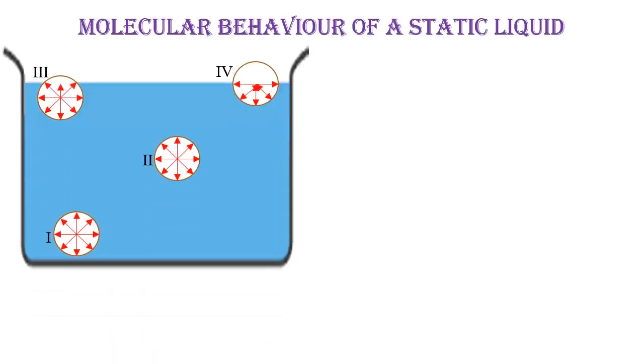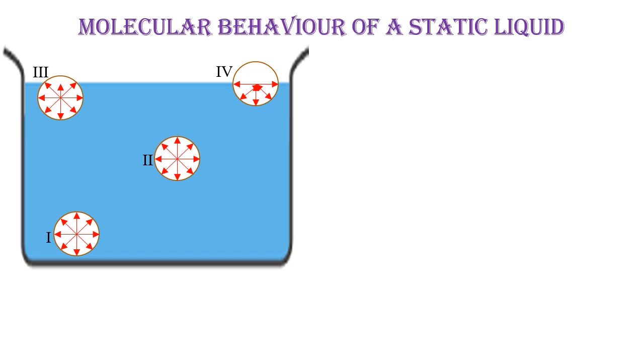Let us consider the molecular behavior of a liquid at rest. In this case, more attention may be given to water because water is the commonest liquid around us. From the figure, 4 molecules of the liquid have been identified.